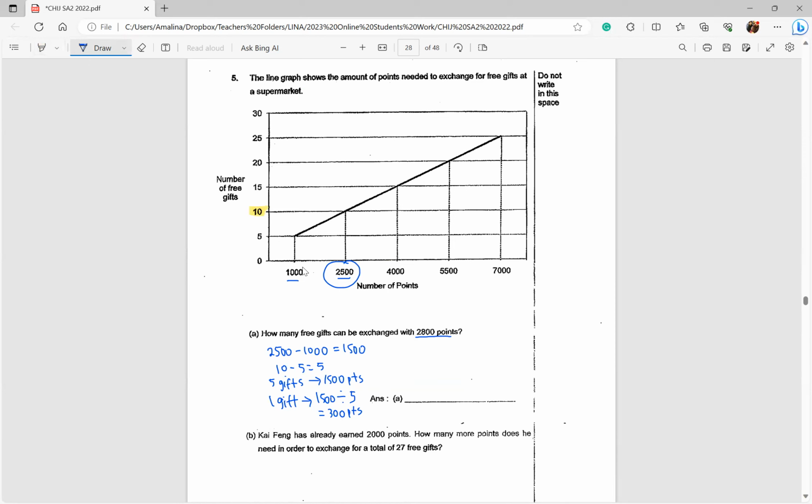I take 2,800 minus 2,500, and you have 300 points. And 300 points just nice can get you one more free gift. So altogether, 10 plus 1 means I will get 11 free gifts.